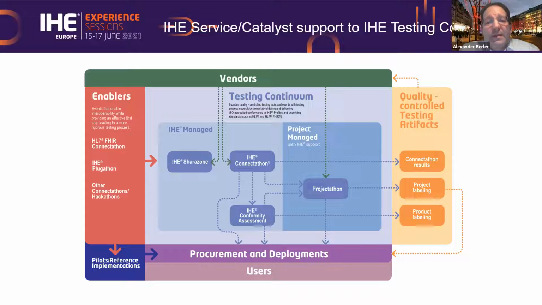We have testing that is managed by IHE, like the Connectathons, like the conformity assessment, which is not peer-to-peer testing, but testing of a specific machine that conforms with a specific set of IHE profiles.